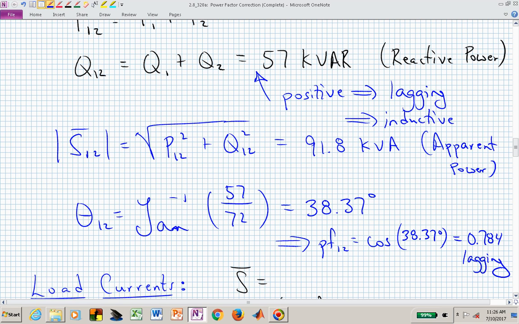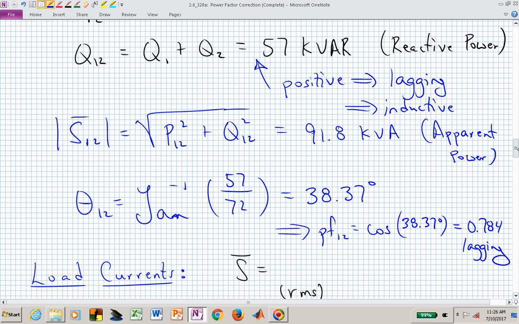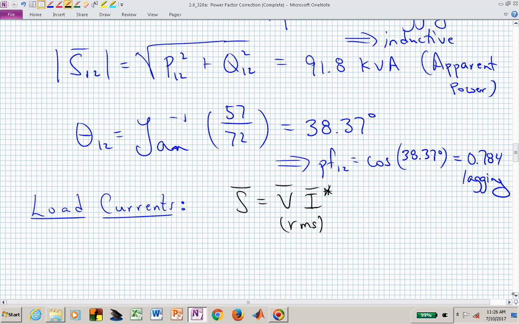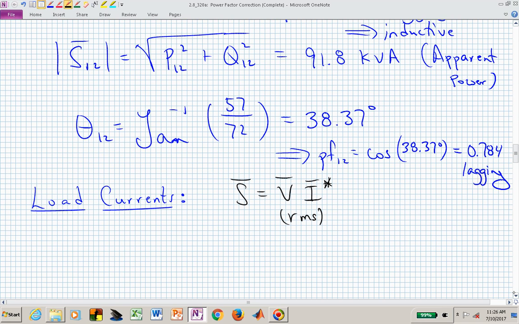To find the load currents, we can use our generic formula for complex power, which says that complex power is the voltage phasor times the complex conjugate of the current phasor. That's a complex quantity, but we can take the magnitude of both sides and the relationship is still valid.